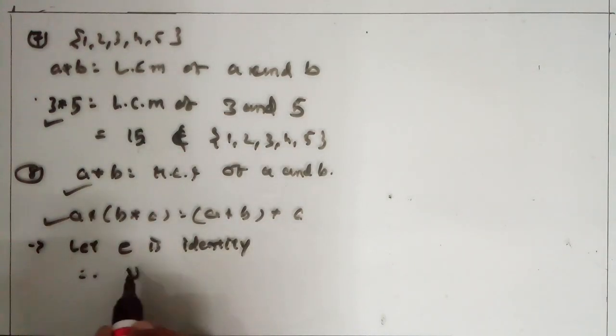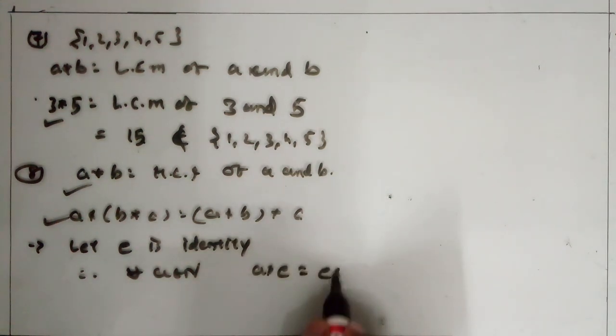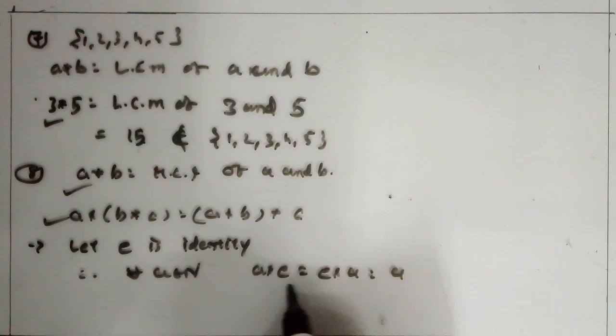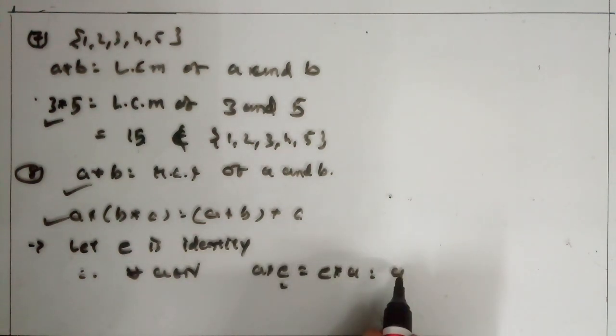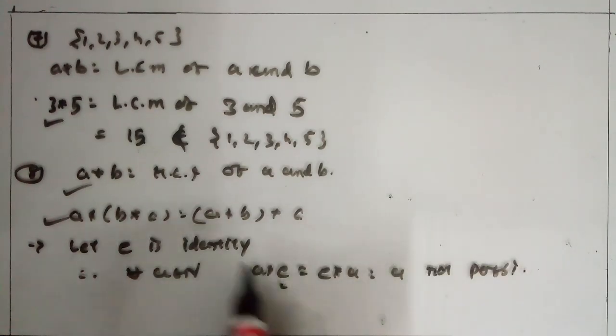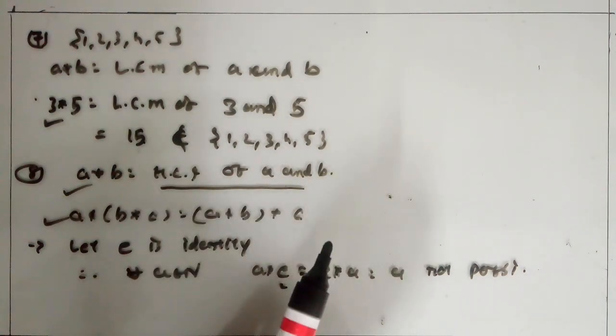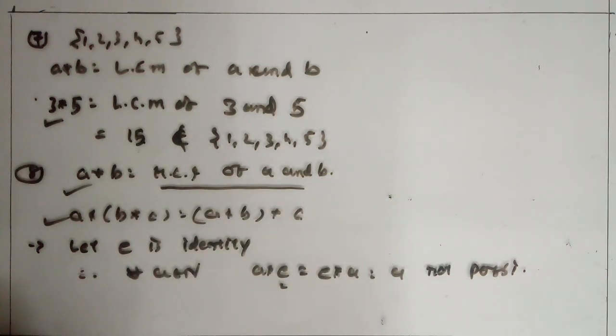Therefore, for all A belongs to N, A star E is equal to E star A is equal to A. Because here we select E as the identity, A star E is equal to A. That means HCF of A and E is equal to HCF of E and A is equal to A. This is not possible for this binary operation A star B is equal to HCF of A and B. So identity does not exist.